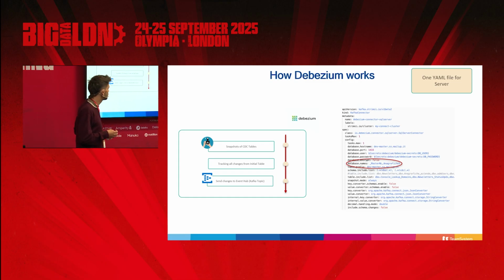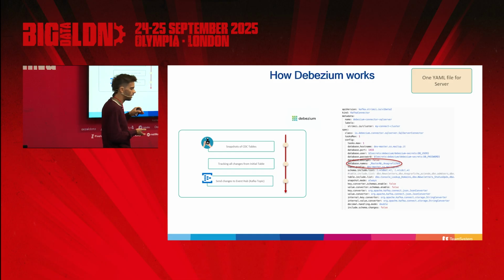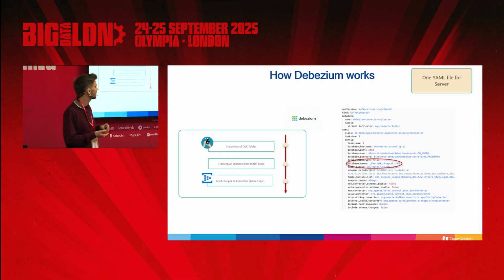Here I just put the configuration file, because you have to define one Debezium instance for each server, and you need one configuration file. You can install Debezium on a Kubernetes cluster, and in this configuration file you have several technical fields, including some about how you want to extract and build this message.